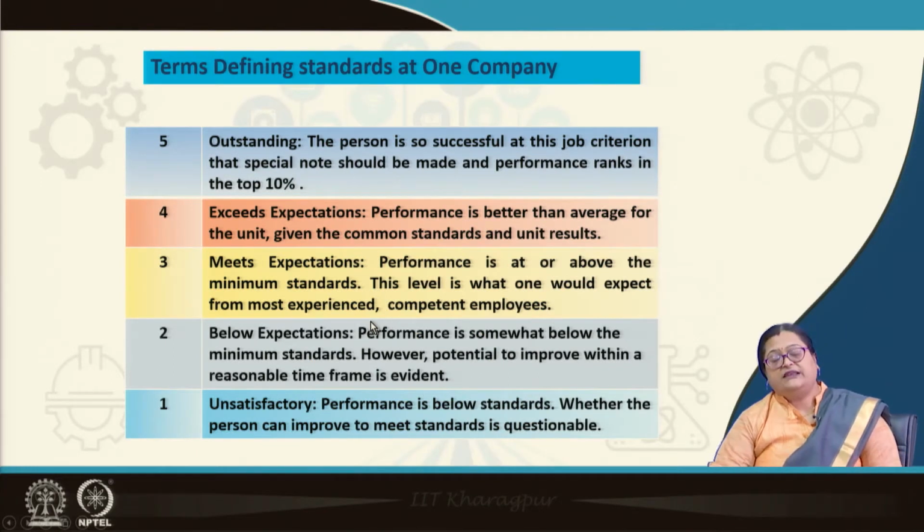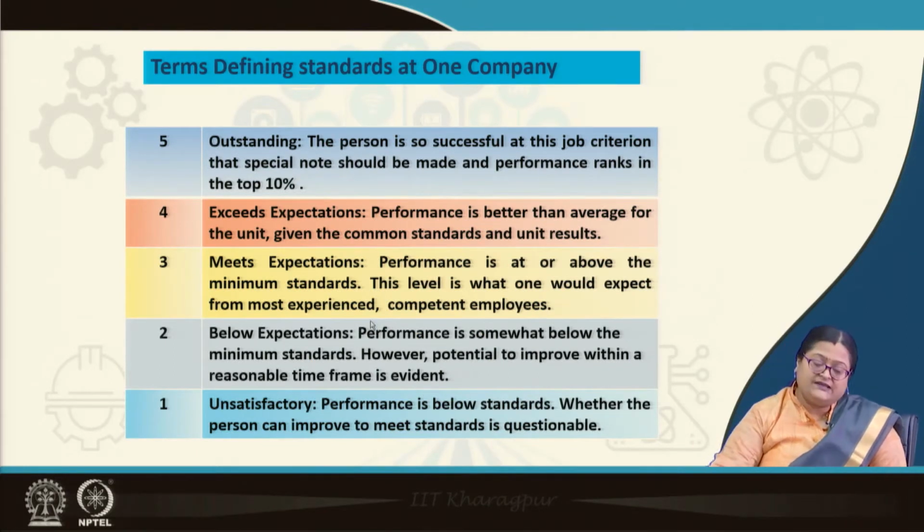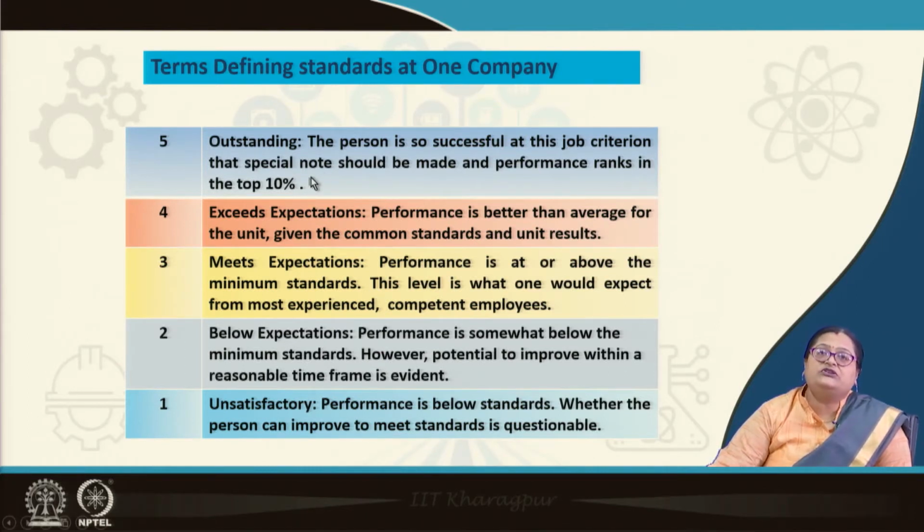Now, what are the defining standards? Maybe we can take the example of one company. 5 means outstanding: the person is so successful at this job criterion that a special note should be made, and performance ranks in the top 10%. 4 is exceeds expectations: performance is better than average for the unit, given the common standards and unit results. 3 is meets expectations: performance is at or above the minimum standards.